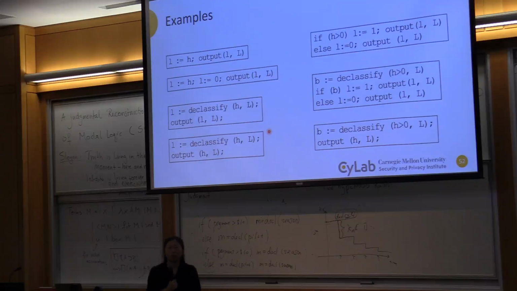Right. So I understand that per declassification we would want to have some bounds. Is there any benefit to not looking locally at each individual declassification, but over a sequence of declassifications, to say we don't release too much information over this period? Yeah, so basically you want to have a bound. Your program could sit in a loop, declassifying one bit at a time, and eventually get everything out.